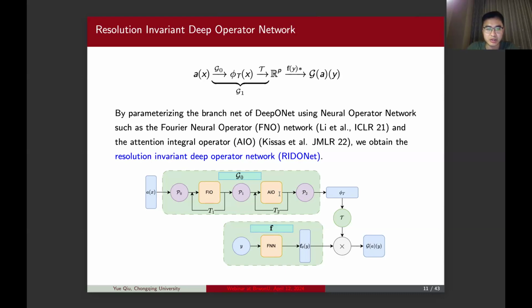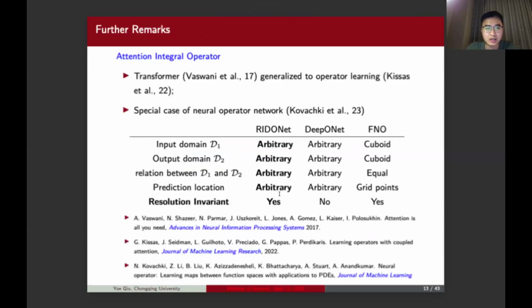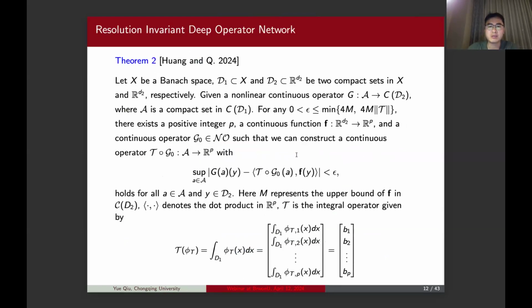Okay, I first go to this part. Yes, this theorem, because we are only able to prove that with a composition of the integral operator and any neural operator type of network, we are able to prove that it also has a generalized universal approximation theorem. However, this only shows the generalized universal approximation error.